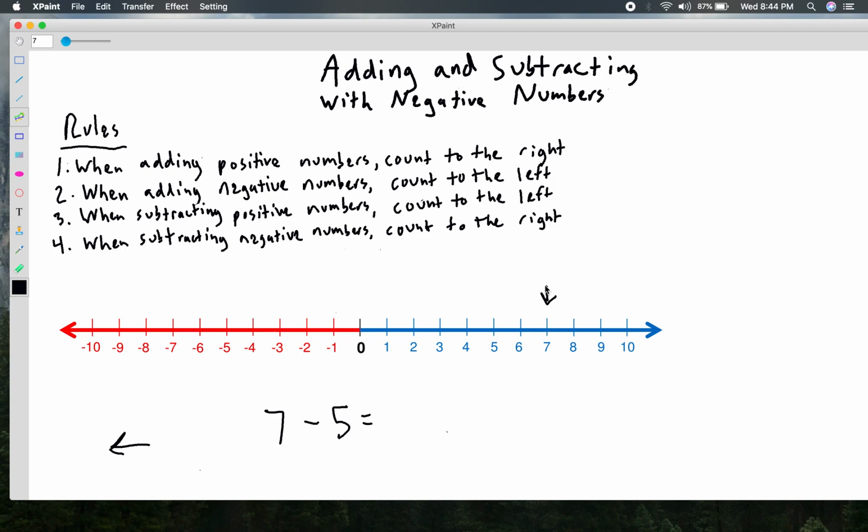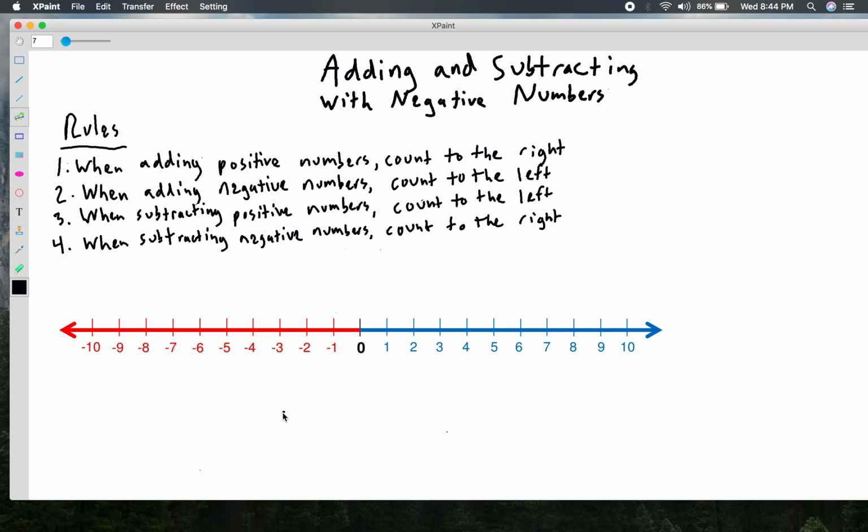So I'm going to go back 5. 1, 2, 3, 4, 5. That's going to give me 2. So when subtracting a positive number, count to the left. That works.